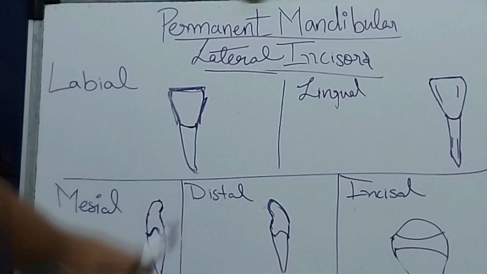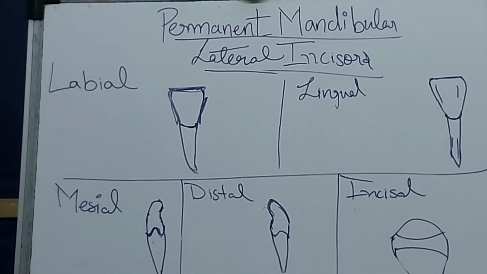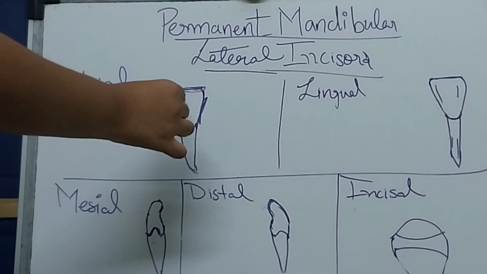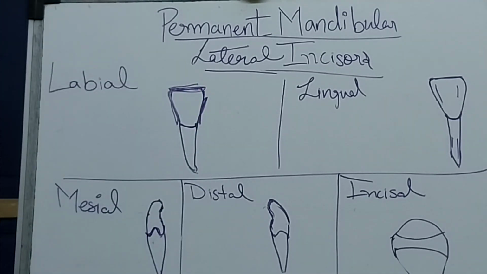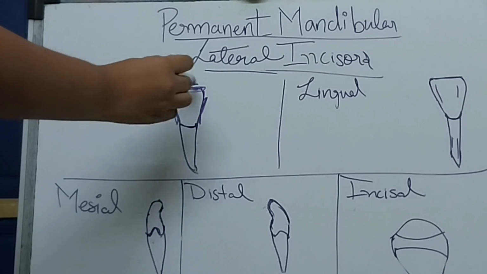So here it is 1 millimeter more, and the incisal ridge is straight, you can see over here, and the mesial and the distal outlines, both the outlines are straight. Both of these form the 90 degree angle over here.